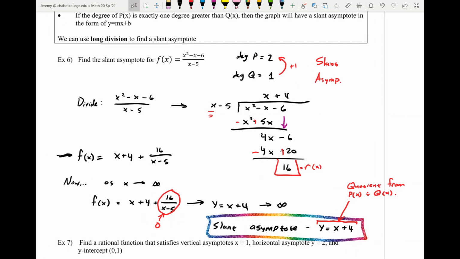If you ever see a rational function where the degree of the numerator is just one more than the degree of the denominator, like we saw in this case, you're going to do the long division, and whatever your quotient is, set y equal to that expression, and that's going to be your slant asymptote.